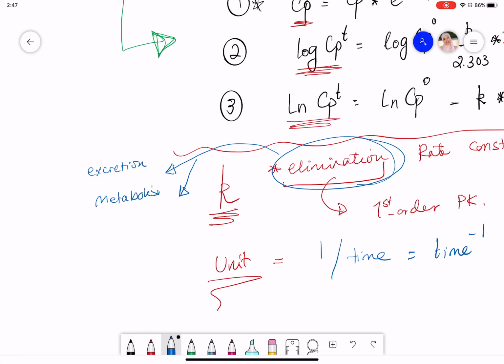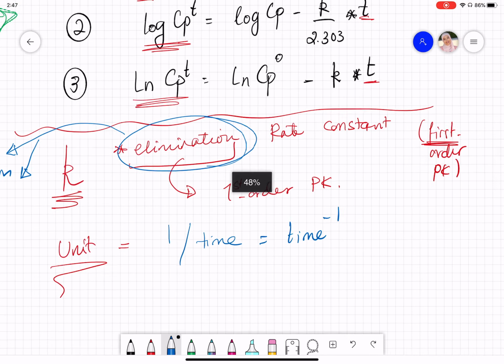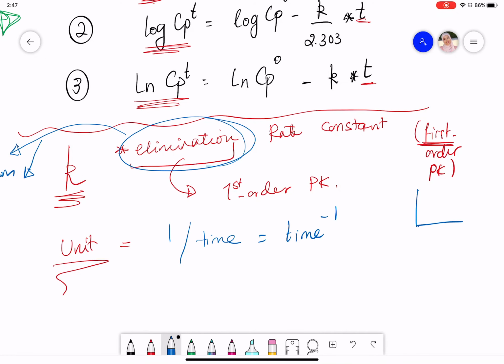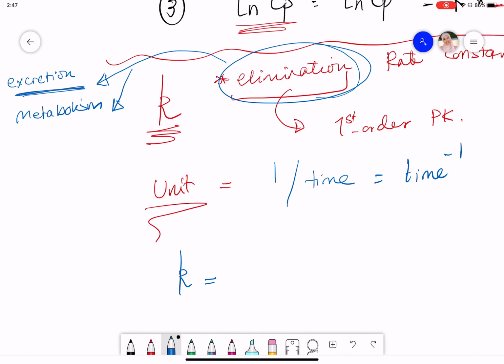metabolism. So accordingly, if the drug is following first order kinetics, its elimination, because we only have elimination in this case, is in a proportional or linear relationship with the measured concentration or amount. So accordingly, we can say that the elimination rate constant is the sum of all constants related to excretion and metabolism, if we have metabolism.